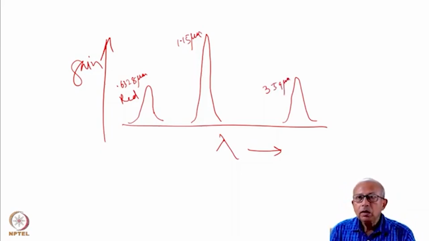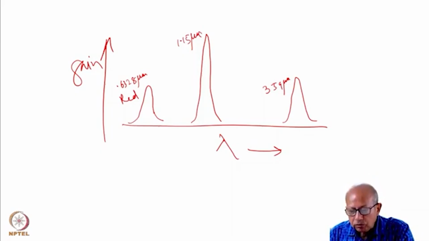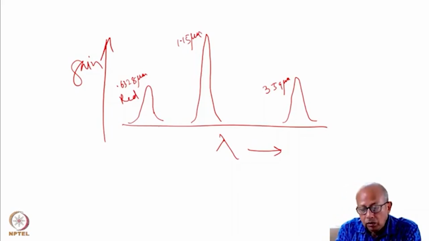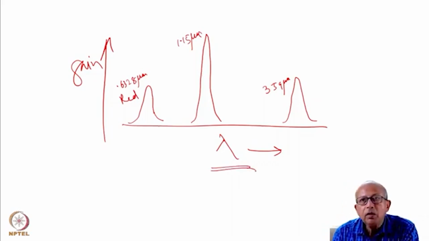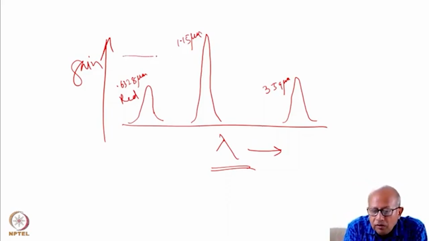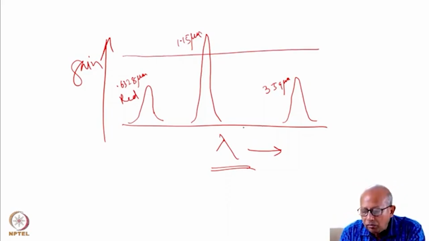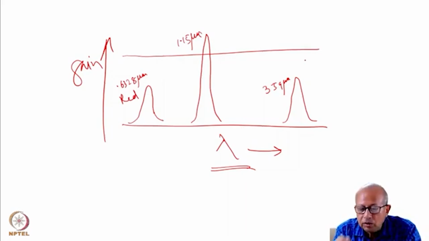Now suppose the cavity offers the same transmission loss on all these wavelengths. That is, the transmission loss offered by the cavity is independent of the wavelength. Therefore, the loss line can be represented by a straight line parallel to the wavelength axis in this gain curve. Suppose the transmission loss of the cavity is located somewhere and it is parallel to the wavelength axis because it doesn't depend on the wavelength. For all the wavelengths, the loss is the same.